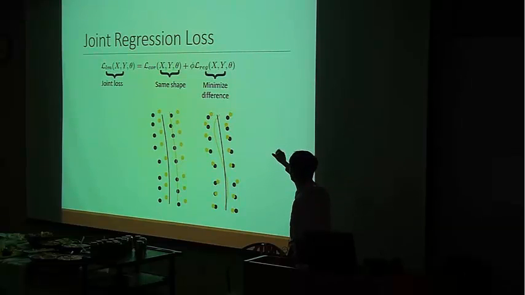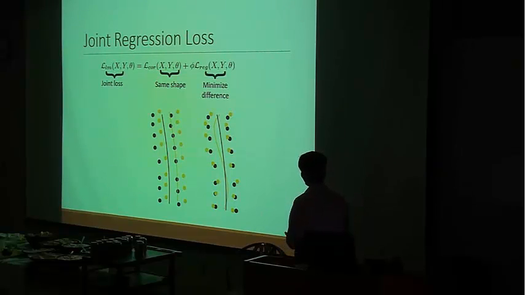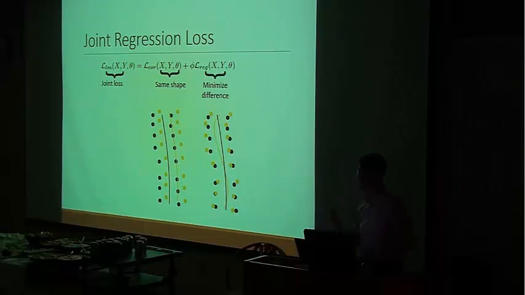So the yellow is the prediction, and the black represents the ground truth. And as you can see, the curve of the predicted landmarks and the ground truth landmarks are very different. And this will certainly affect your results. Therefore, I introduced a second term, which is called a correlation loss.